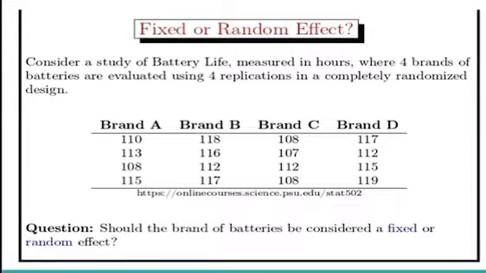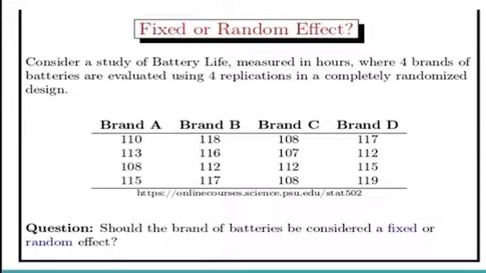The moment you randomly select levels of treatments from a population, that automatically becomes a random effect. But if you don't randomly select them, and maybe you only have those levels in the population and you focus on all of them, or you are interested in a particular one and you are not interested in generalizing to the entire population of levels, then of course you can go for fixed.